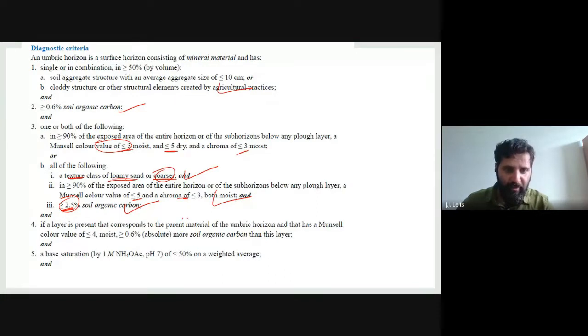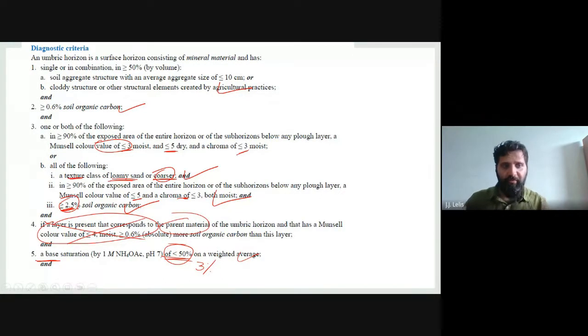In this case, we don't have the information of the parent material, so we just skip this information, okay? But if I present it to you, we could compare, and the base saturation should be low. So we should present a base saturation lower than half, and we have just 3%. So we follow all the criteria except this information, because I did not mention the organic carbon content of the parent material in this case, okay?